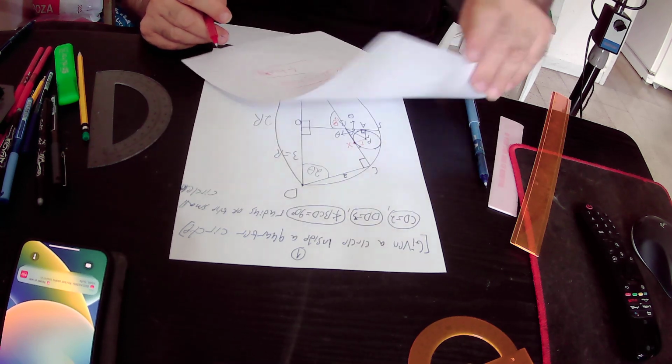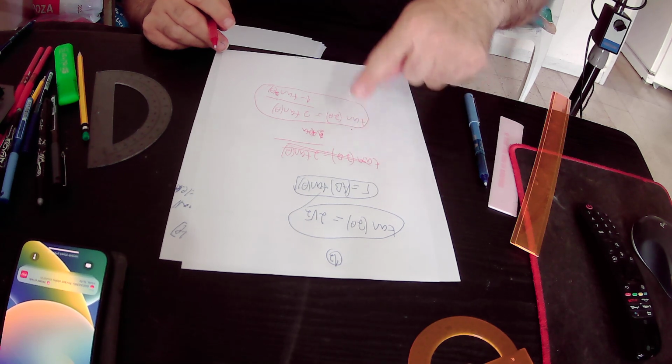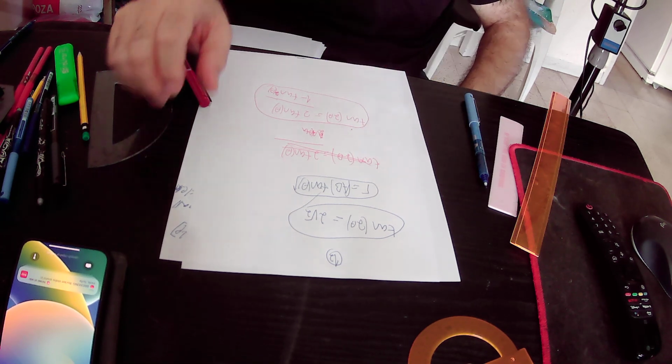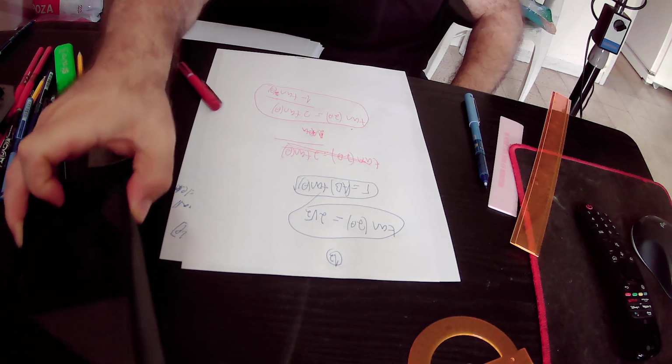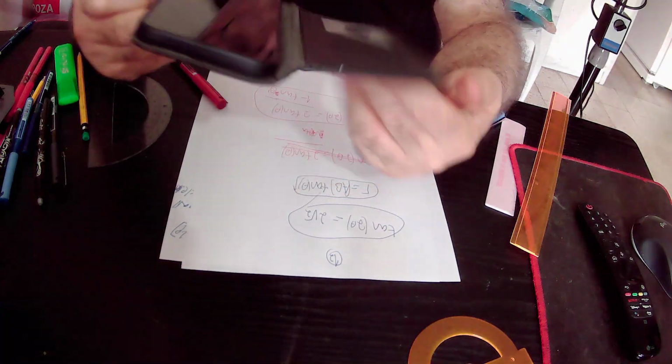So we know that tangent 2 theta equals 2 times root 2. So we can substitute tangent 2 theta in the trigonometric identity by 2 times root 2.